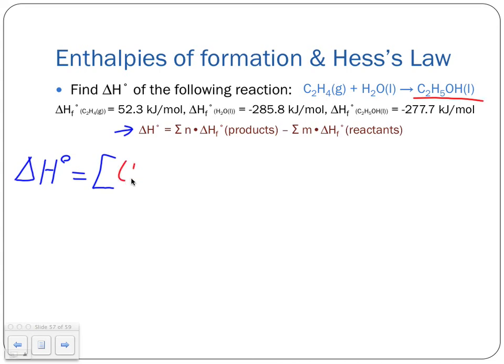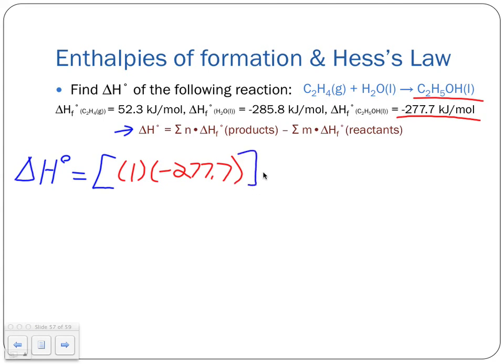The coefficient's 1, so I'm going to put a 1 right here. And then I'm going to multiply that by the standard enthalpy of formation of C2H5OH. I look at the table, but I've actually got them up here. C2H5OH has a standard enthalpy of formation of negative 277.7 kilojoules per mole.